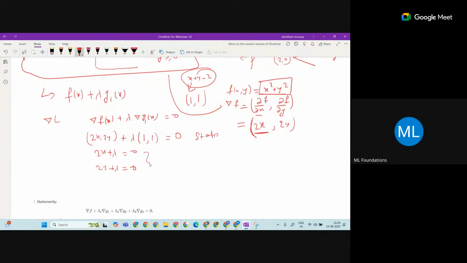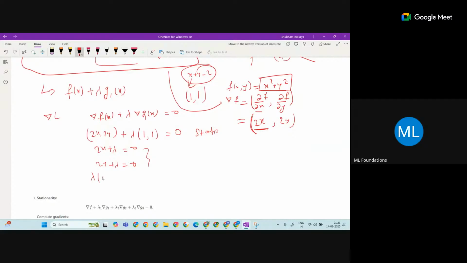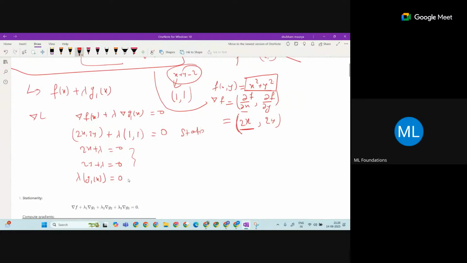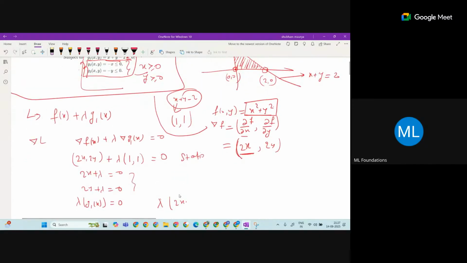Now you use the complementary slackness. Lambda times g1(x) is equal to 0. So if you multiply it here, lambda times (x plus y minus 2) is equal to 0.